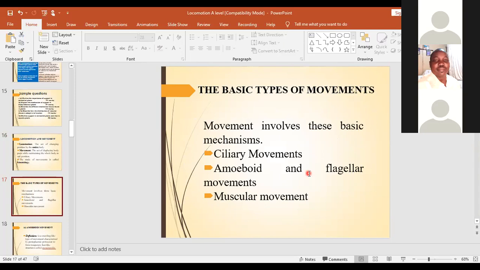Basic types or mechanisms of movement: one is called the ciliary movement, the second one is called the amoeboid or flagellar movement, and the third one is called muscular movement. These are the three basic mechanisms of movement: the ciliary movement, the amoeboid movement, or sometimes we call it the flagellar movement, and then we have the muscular movement.